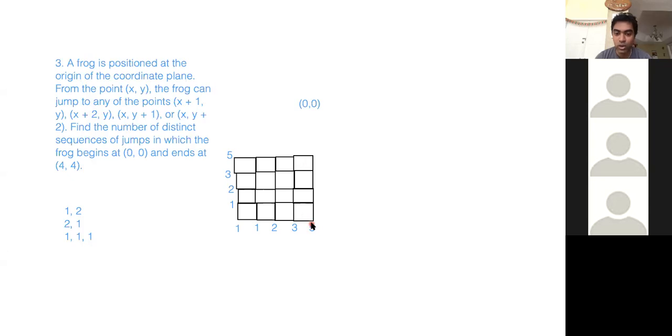So it's the same idea as what I applied here, right? Why did I add the value at 2 and 3? Because I could jump 2 from here, and I could jump 1 from here. So it's basically all the points that can reach the final point in one move. The number of ways to reach each of those points, added all up, gives me the number of ways to reach this point.